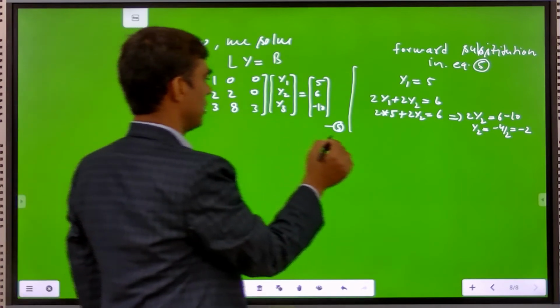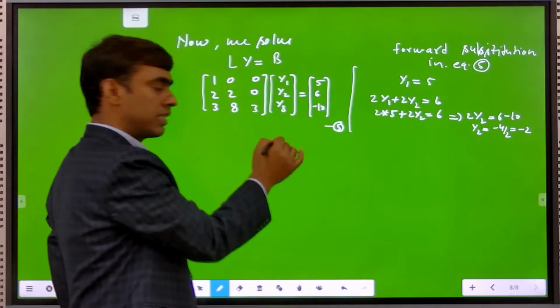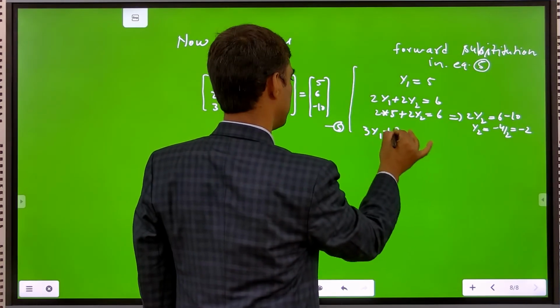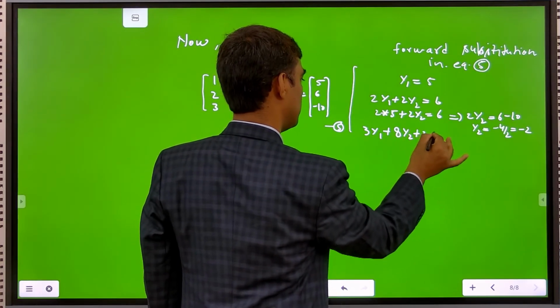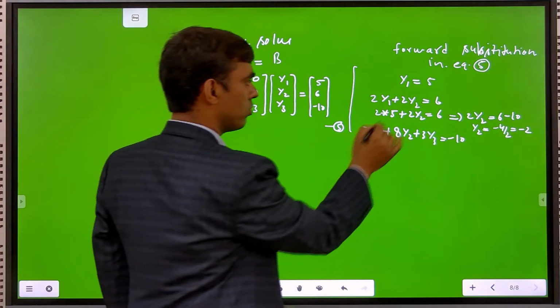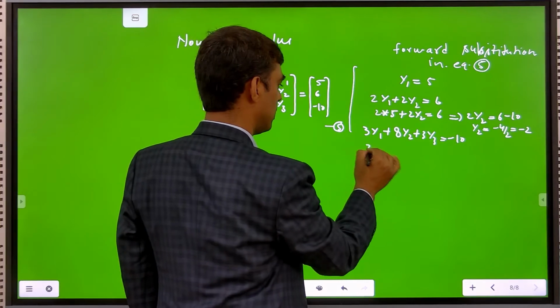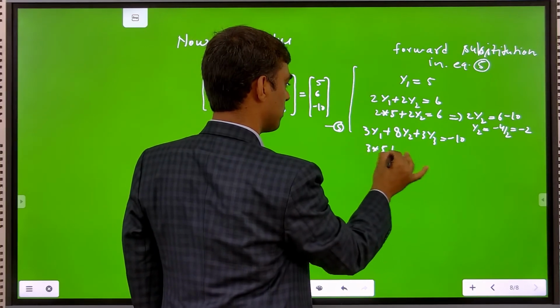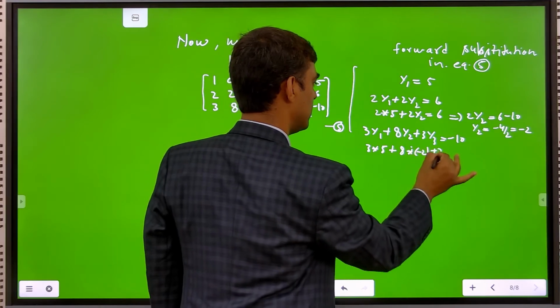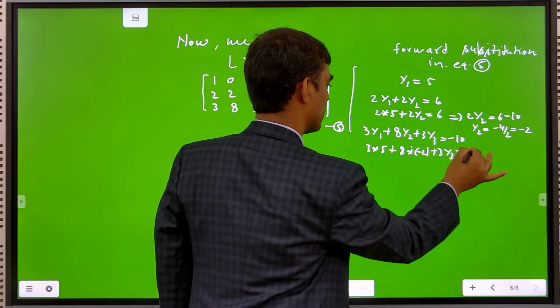Similarly, third row with this vector: 3 into y1 plus 8 into y2 plus 3 into y3 equals minus 10. Putting the values, 3 into 5 plus 8 into minus 2 plus 3y3 equals minus 10.